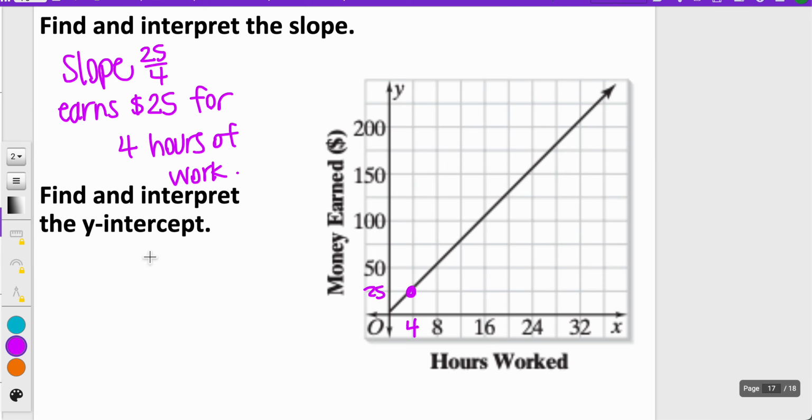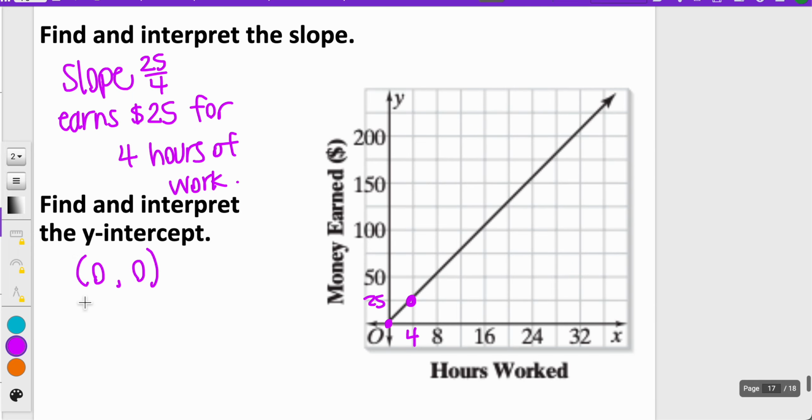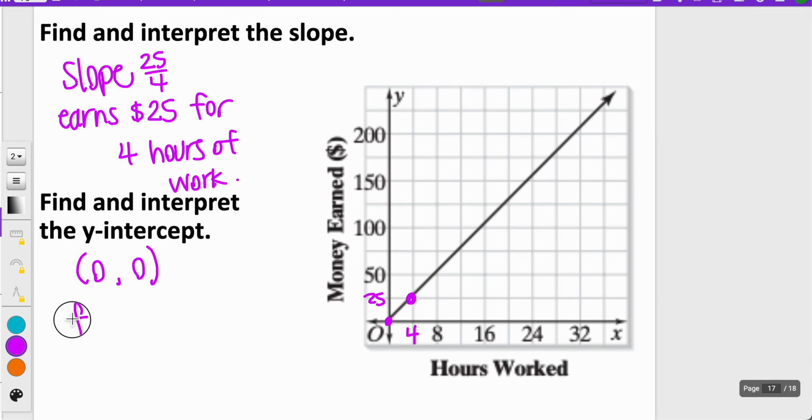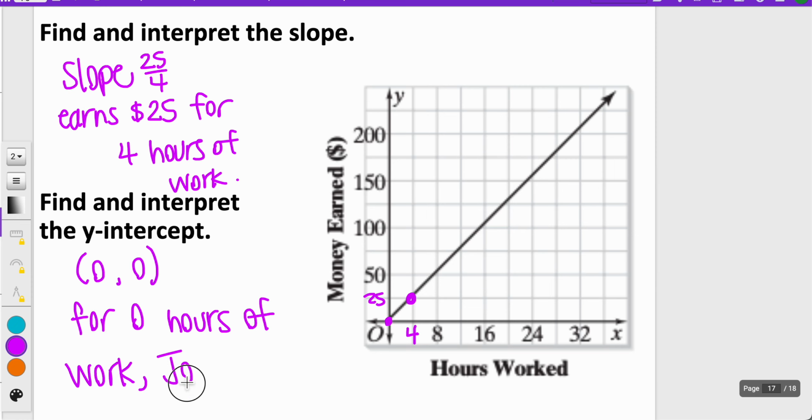The y-intercept should be 0, 0, which means interpreting that would say for 0 hours of work, Joe earns 0 money. Okay, that's all it's asking you to do.